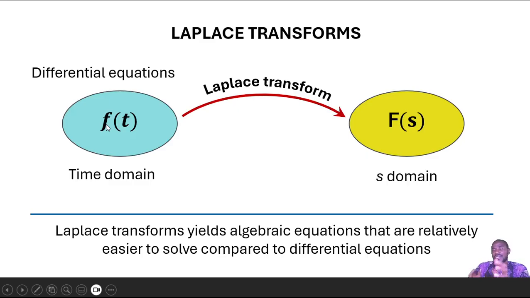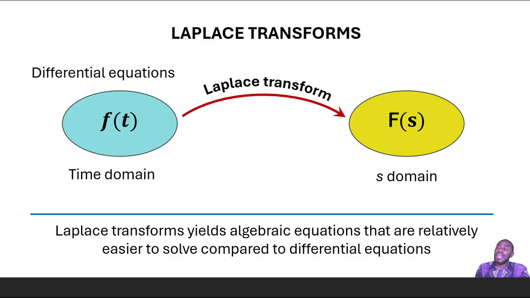Now, this time domain has certain characteristics, certain ways that you can handle them and ways that you do not handle them. You probably would have dealt with both ordinary differential equations and partial differential equations, and gone through the various ways of solving these two different types of differential equations, right?